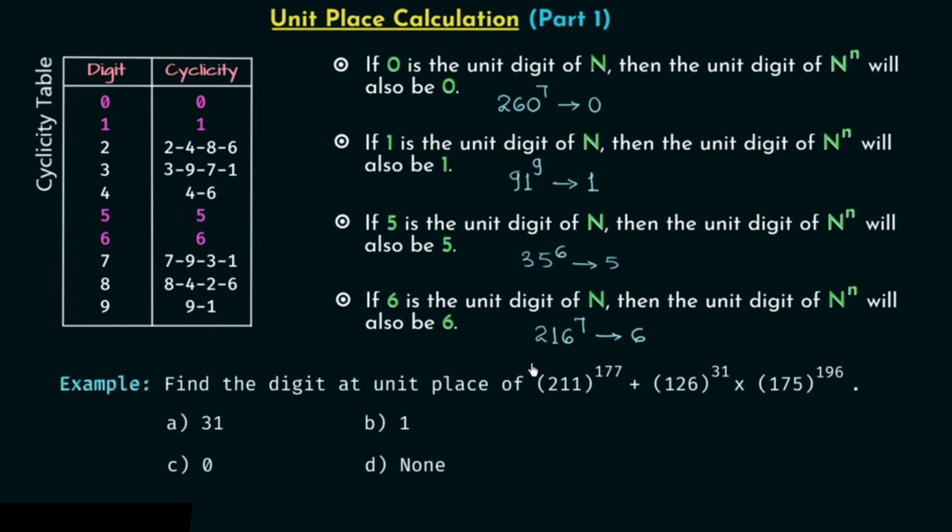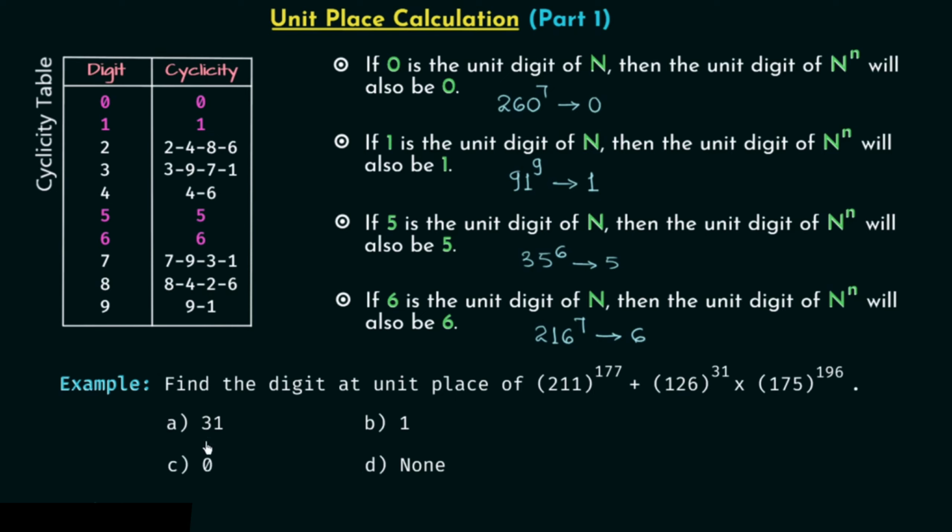Now we will move on to our example problem. In this problem, we are required to find the digit at unit place of 211 raised to power 177 plus 126 raised to power 31 multiplied to 175 raised to power 196. There are 4 options.